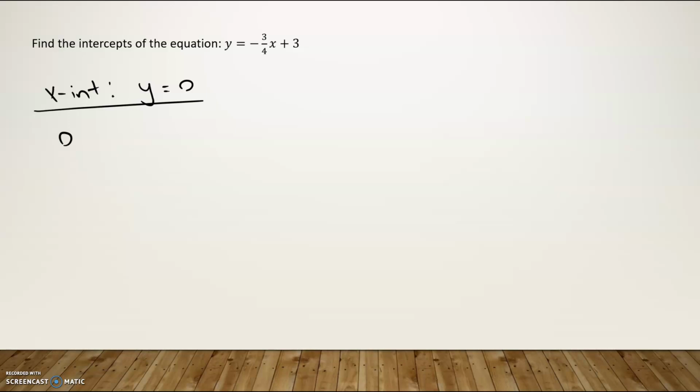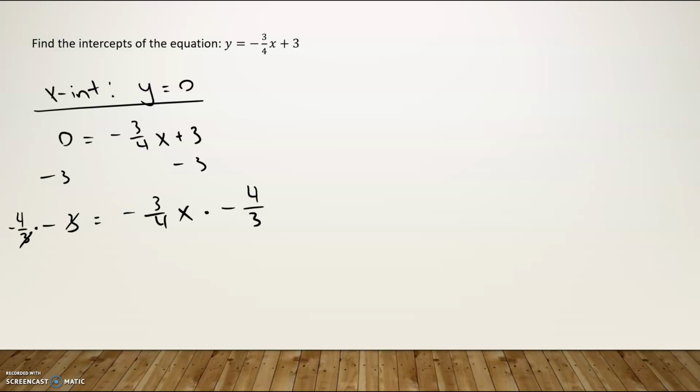Okay, so 0 is equal to negative 3 fourths x plus 3. Then I'm going to solve for x, so move that 3 over. Then I'm going to multiply both sides by the inverse of this, so 4 over 3. So times negative 4 over 3. Notice the 3's will cancel. Negative times a negative is a positive, so 4 is equal to x.